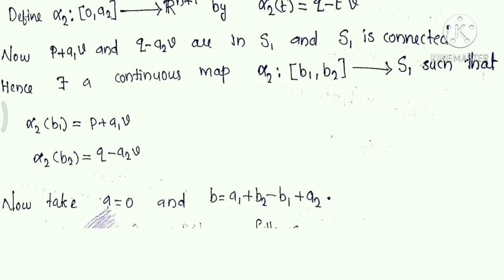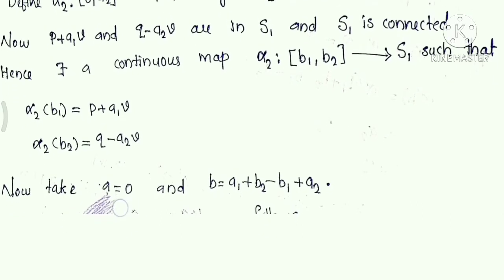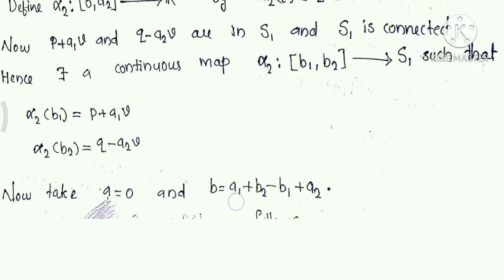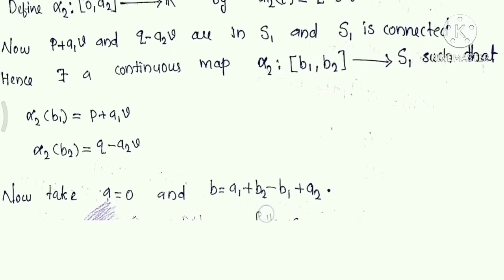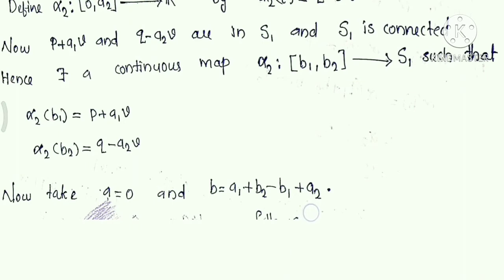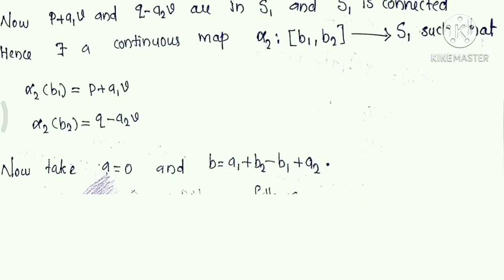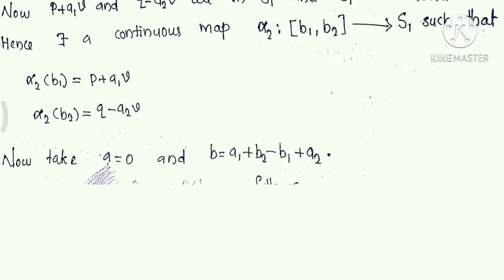Now take A equal to 0 and B equal to A1 plus B2 minus B1 plus A2. Now we are going to define a continuous map on the closed interval AB.